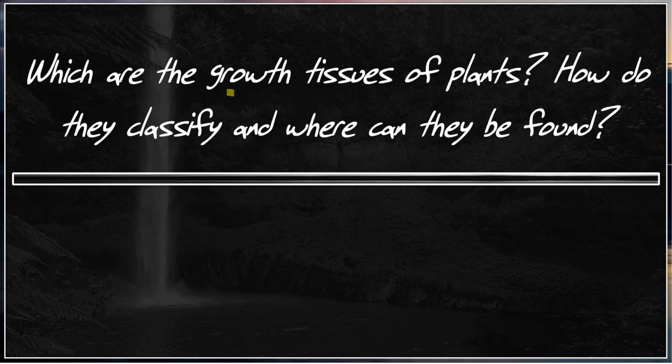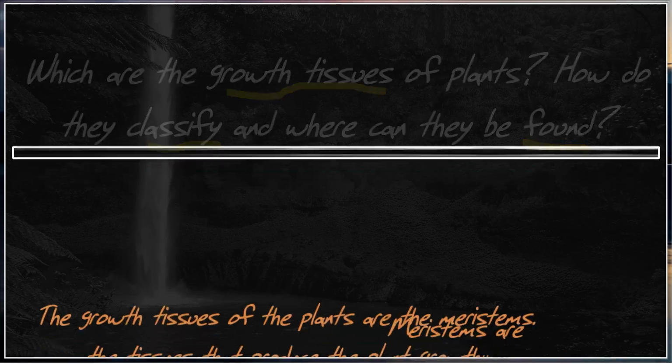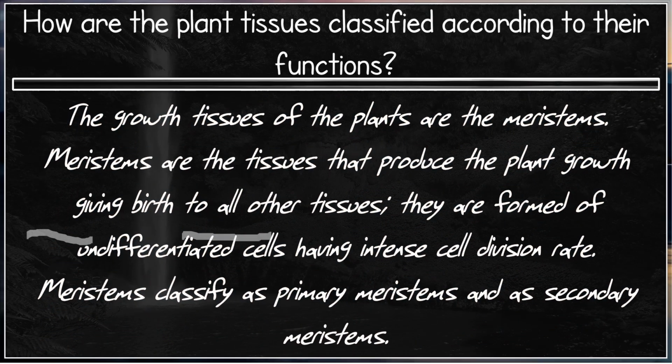Which are the growth tissues of plants? How do they classify and where can they be found? The growth tissues of the plant are the meristems.